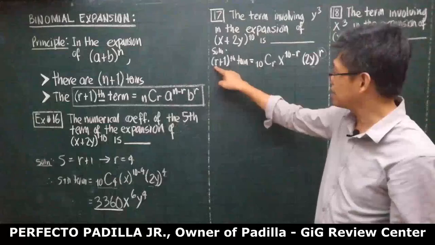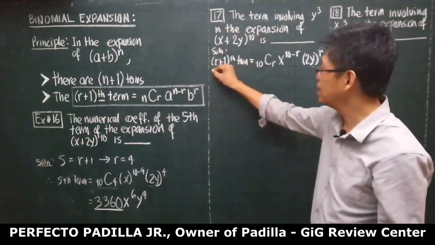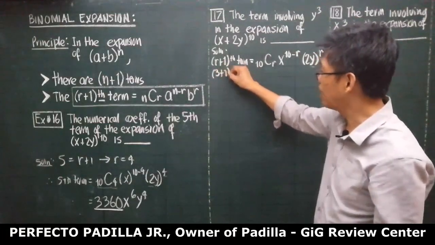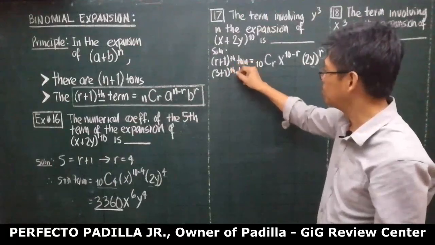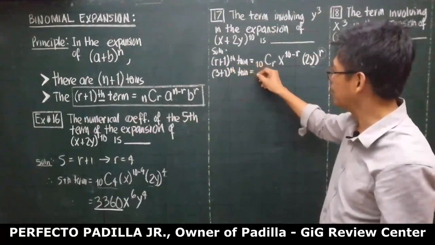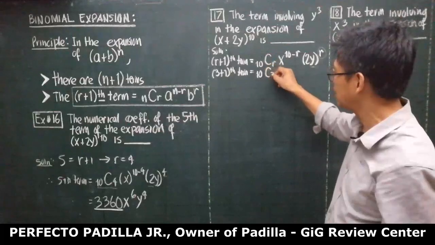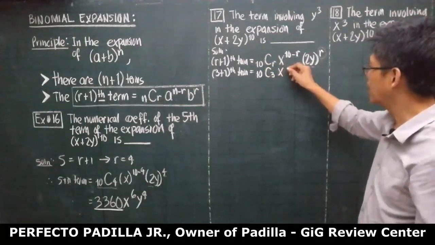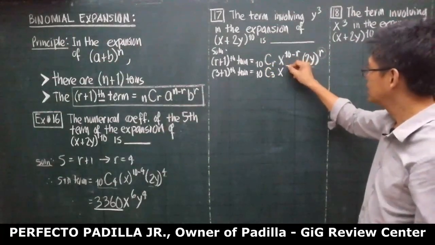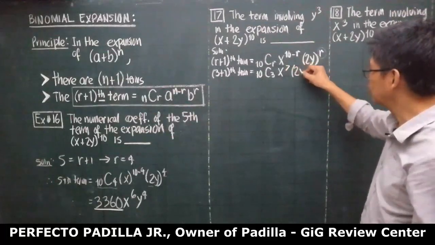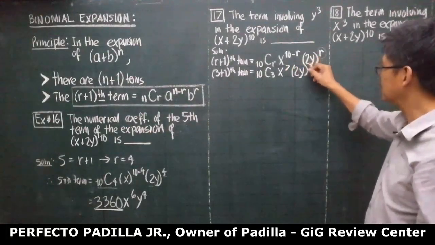So, if r is 3, this would be 3 plus 1 or 4th term. So, you will have here 10c3 x to the 10 minus 3, 7 times 2y to the 3.